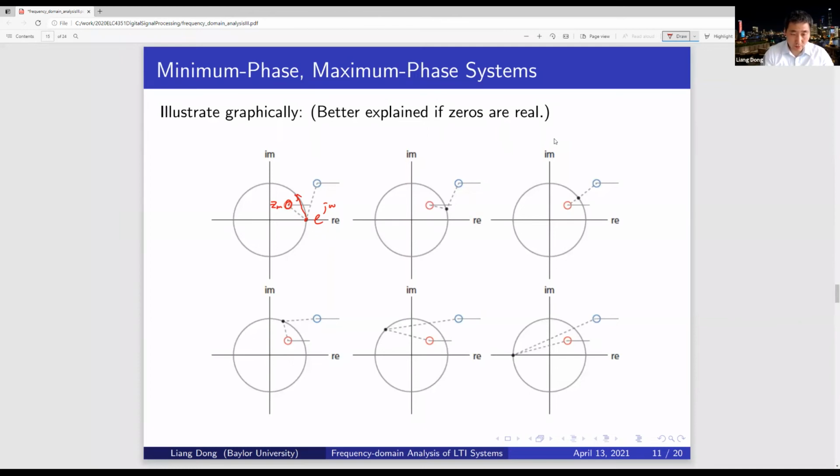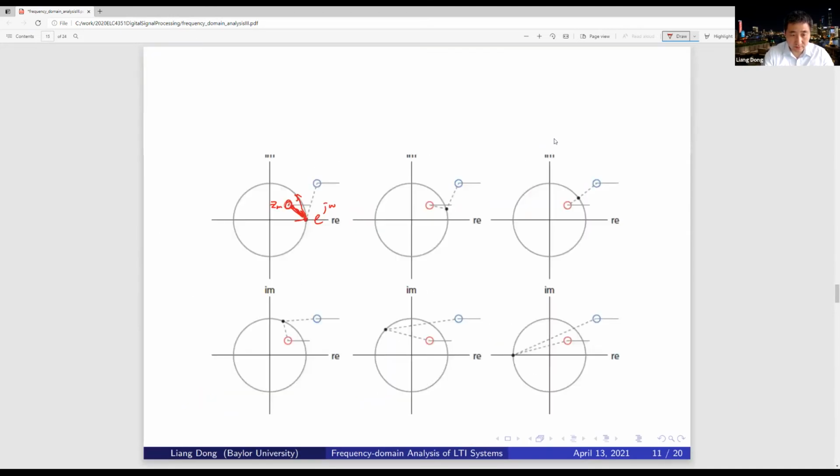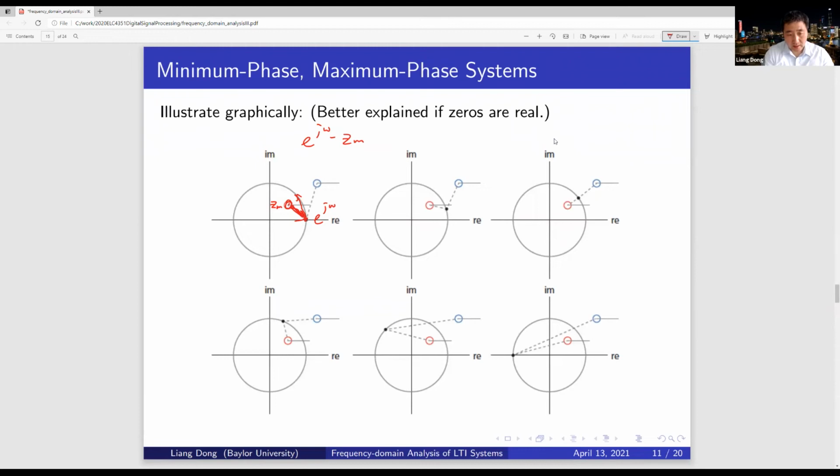This angle is e to the power j omega subtract zn. So we are looking at a vector on the complex plane pointing to e to the power j omega, and then we subtract another one, which is just this point, and in this case, the angle is 0.